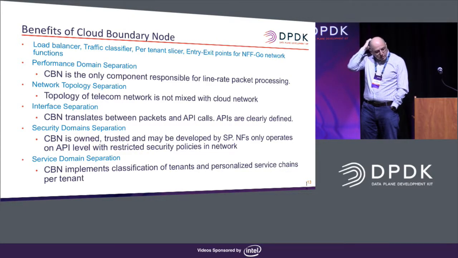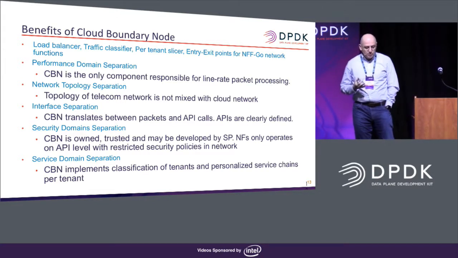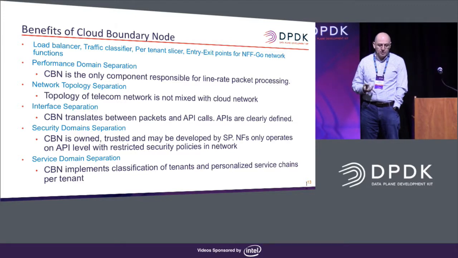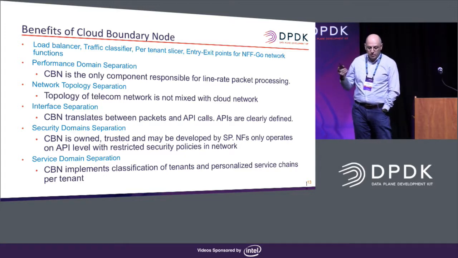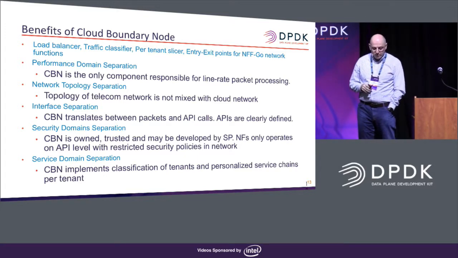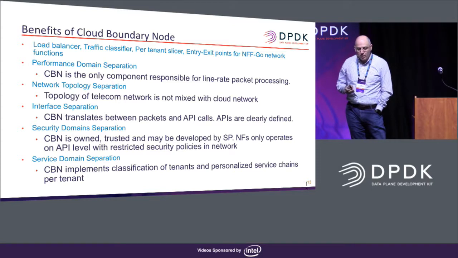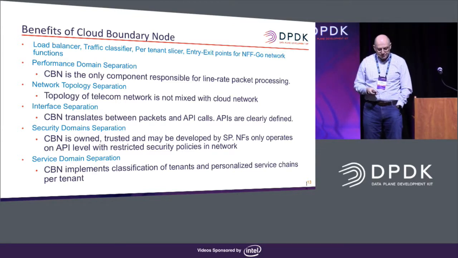The benefits that the Cloud Boundary Node brings is that it acts as a load balancer, classifier, and traffic slicer, and acts as an entry and exit point for the network functions. So it clearly separates the performance, because CBN is the only component we need to run at line rate, while everything else inside, between two boundary nodes, we can scale horizontally.